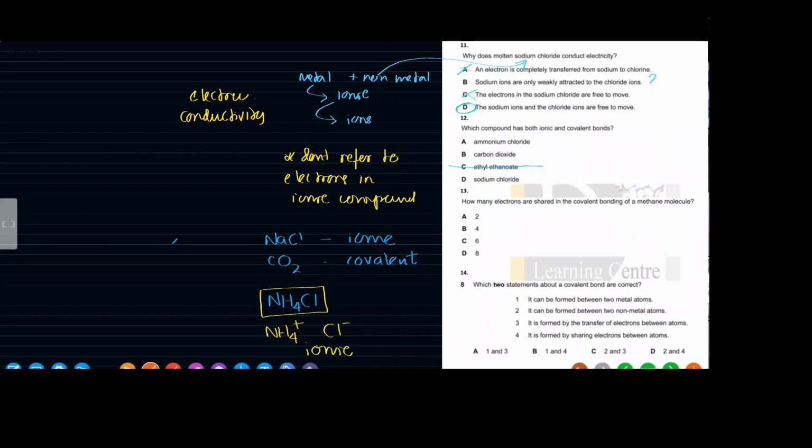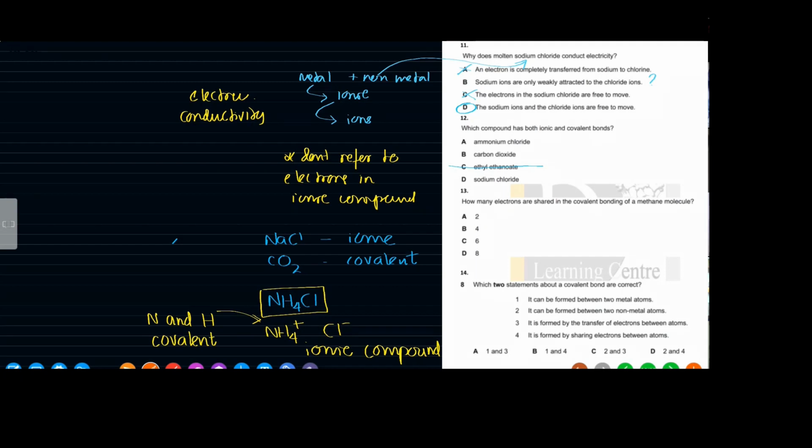But here there is no metal. This is a very rare case. This is an ionic compound: ammonium, positive ion, right? And chloride, Cl minus, negative ion, right? Inside the ammonium ion, it is nitrogen and hydrogen, and these two are bonded with covalent bonds.